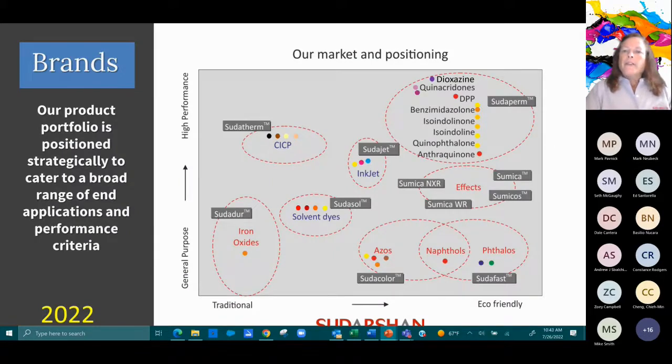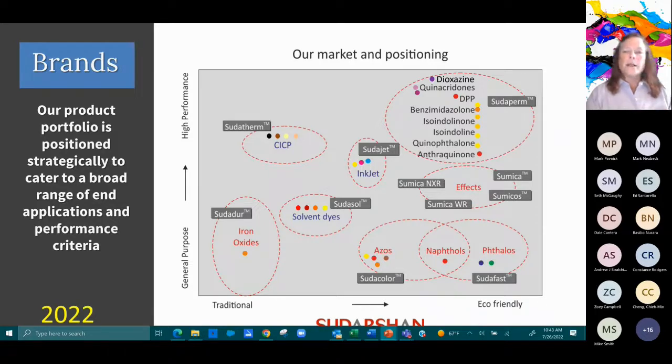So I've shared this with you all before. Considering our pipeline and what we have available, we provide a full portfolio of colorants to our customers in the high performance area with our Sudaperm, in our newer CICP areas with our Sudatherm brand.